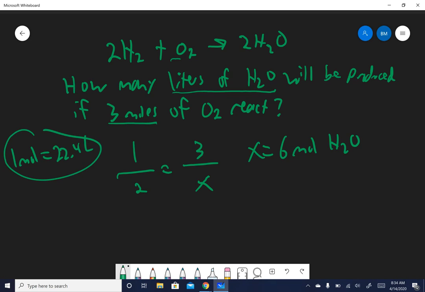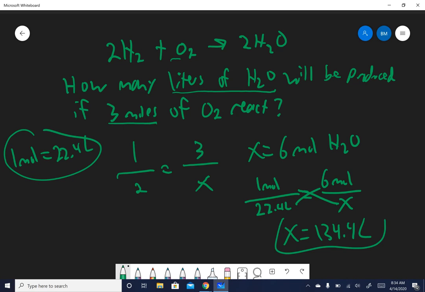That's a constant. So now I'm going to use this number as a new proportion. If 1 mole is 22.4 liters, then 6 moles is X. 6 times 22.4 is the answer to this question. 22.4 times 6, I get 134.4 liters of water.